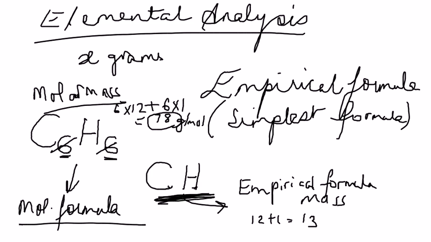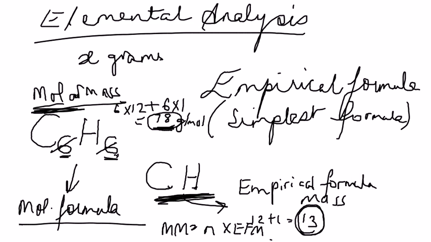So there is a relationship between the molar mass in grams per mole and the empirical formula mass. If you multiply the empirical formula mass by the number here, 6 in this case, you're going to end up with the molar mass. So one can say that the molecular formula mass, MM, is some integer n times the empirical formula mass. So if you knew one and you knew the integer, you would be able to determine the other, or vice versa.